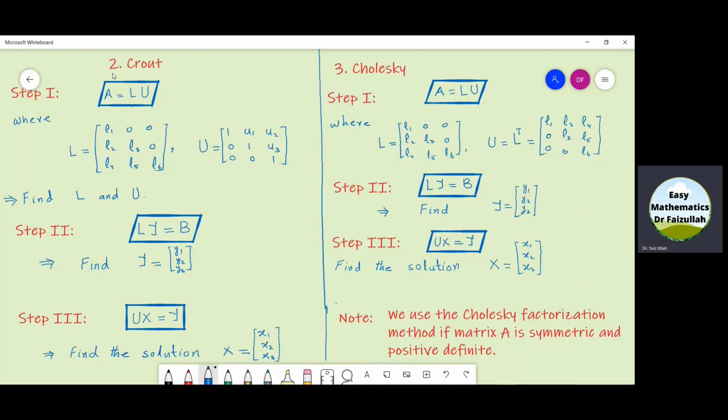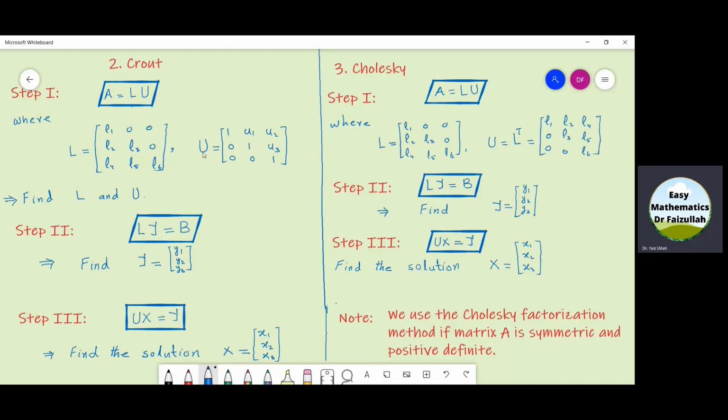In the Crout decomposition method, we can express A in a similar way as a product of two matrices, lower triangular matrix and upper triangular matrix, where the lower triangular matrix is given by L and the upper triangular matrix U is given by this one.